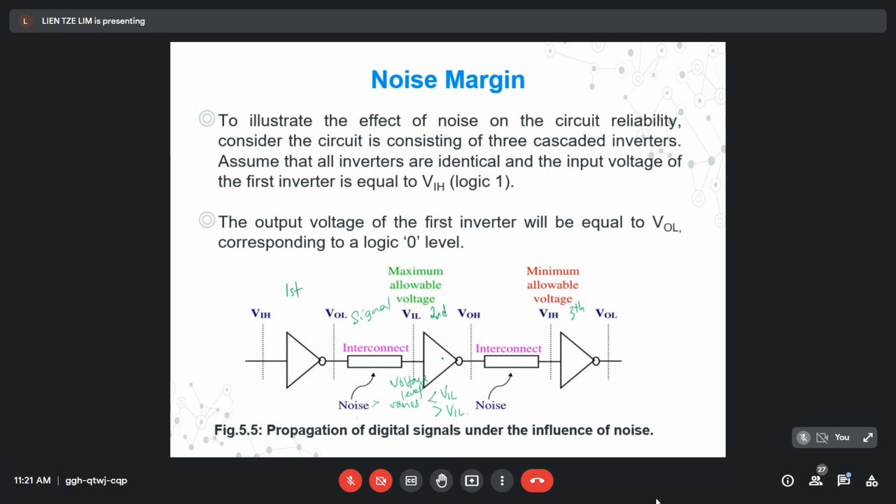Okay, since this inverter should produce a high output, if the input voltage is above VIL, so it should consider to produce... Sorry, I think I said it wrongly, not correct.